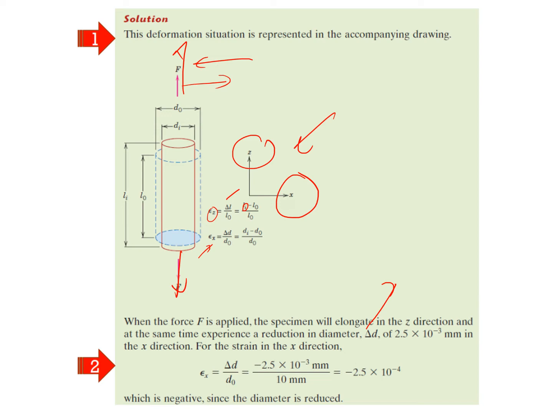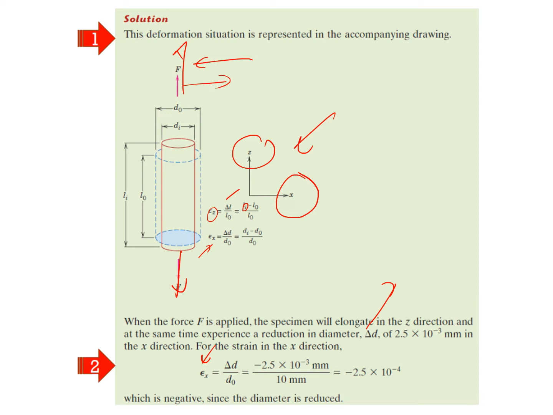For the strain in the x direction, we calculate the change of diameter over the original diameter, and you obtain a negative value since the diameter is reduced.